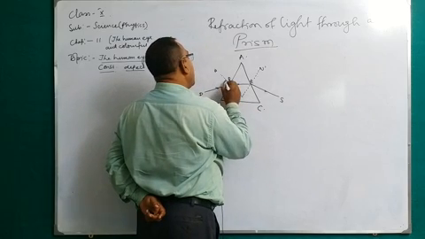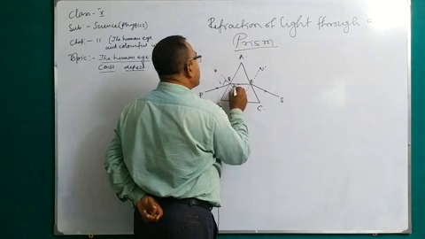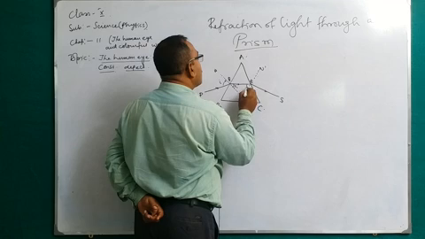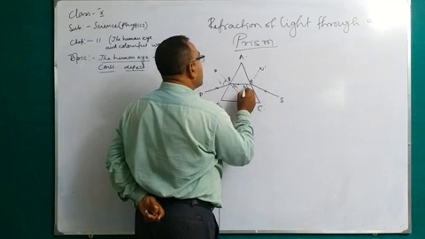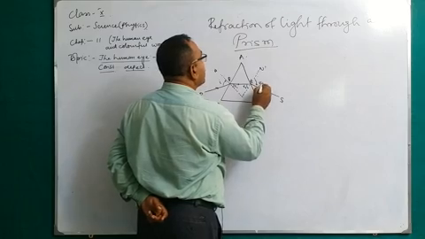This is the angle of incidence, this is the angle of refraction, that is also the angle of incidence for the second surface, and that is the angle of emergence.